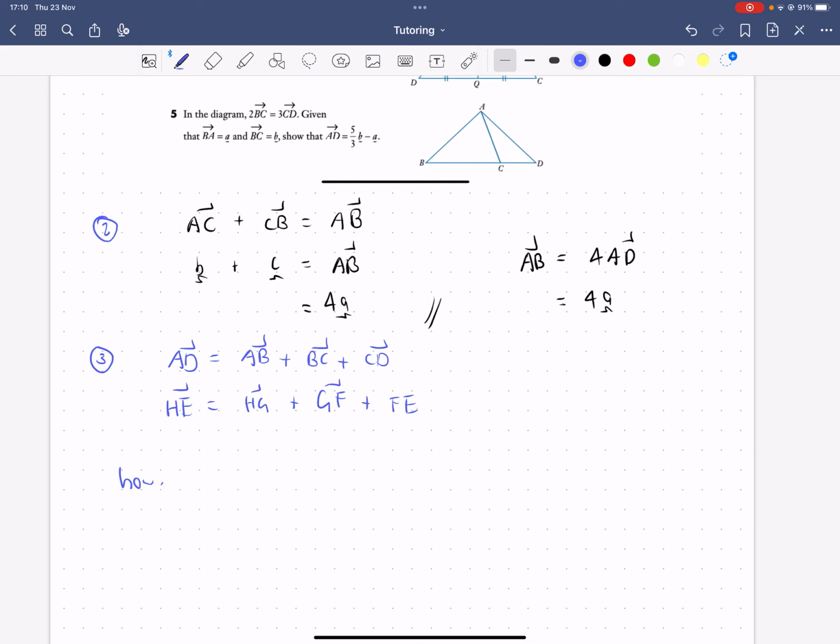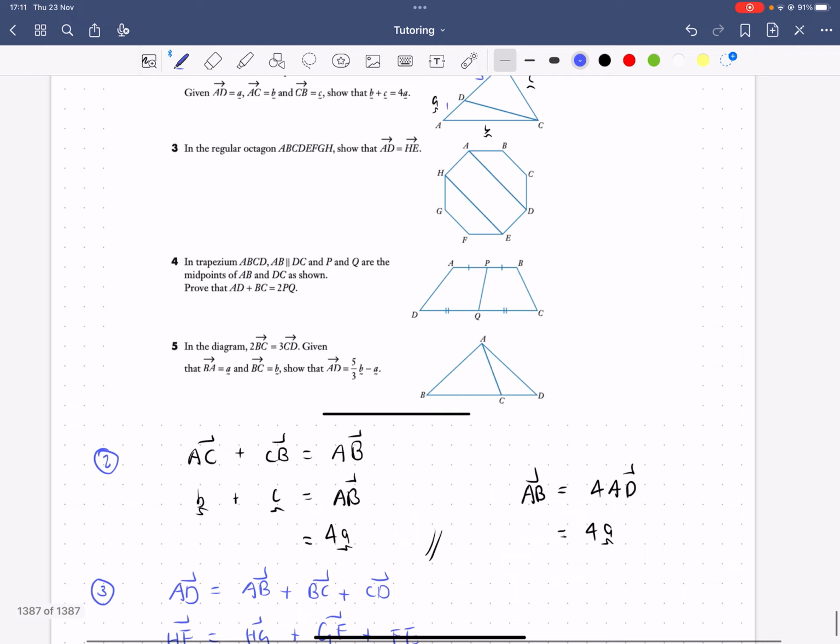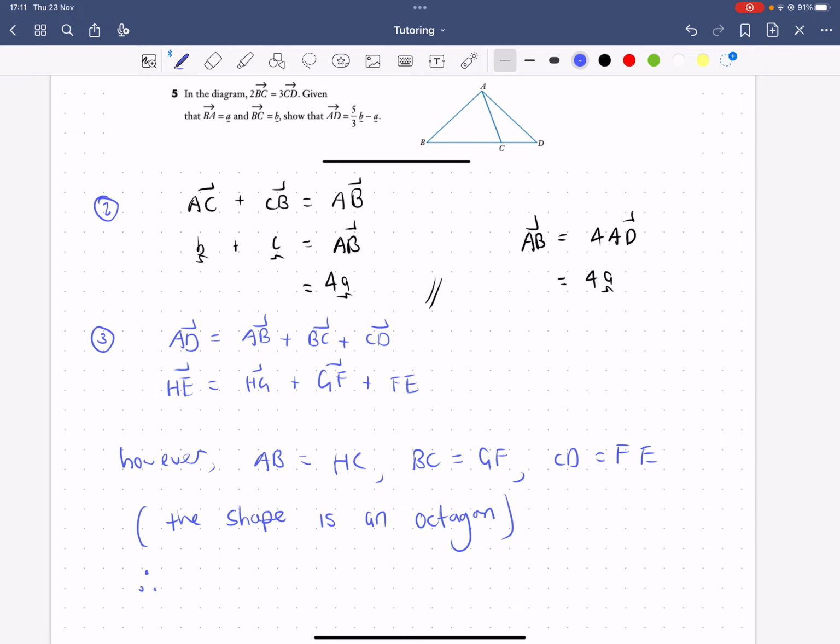However, AB is equal to HG, BC is equal to GF, and CD is equal to FE. And in fact, all of those are equal to each other, and that's because the shape is an octagon, and an octagon has 8 equal sides. So therefore, AD equals HE.